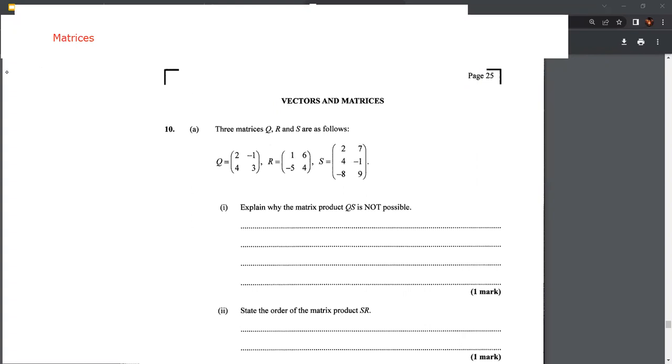So let's say they gave you fruit. Maybe you had apples and grapes. So you're comparing prices of grapes and apples at different stores. So maybe you have a fruit, you have store one, store two.